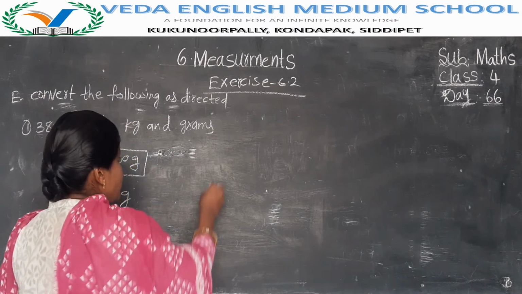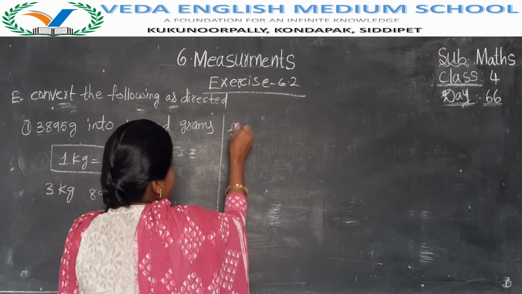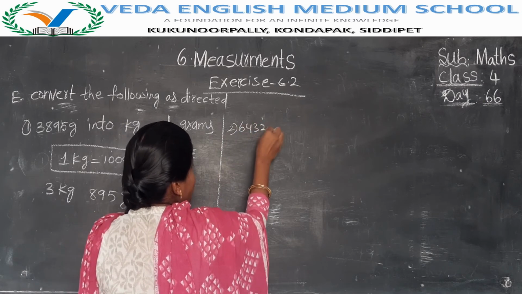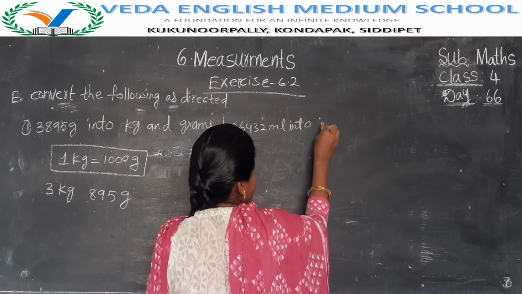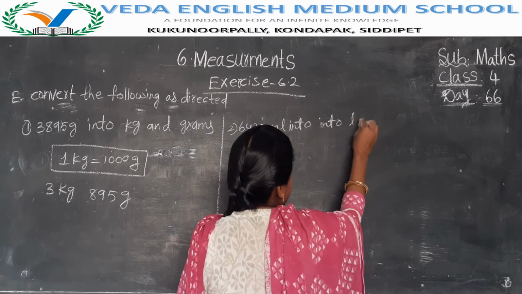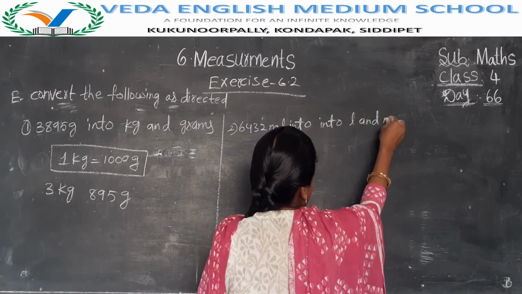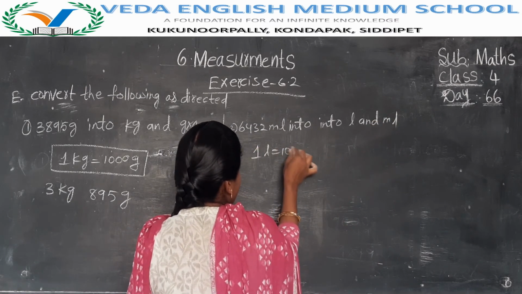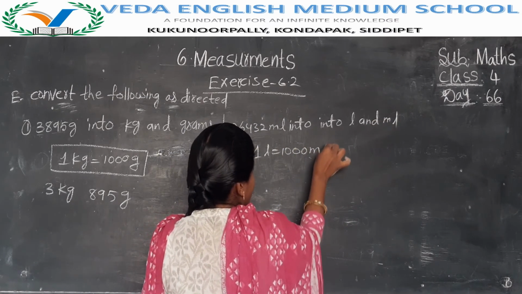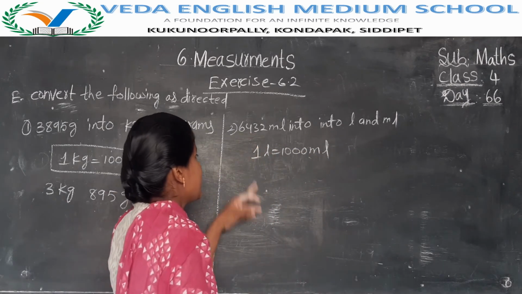6432 milliliters into liters and milliliters. Here 1 liter is equal to 1000 milliliters. Now here how many liters are there? 6 liters are there.